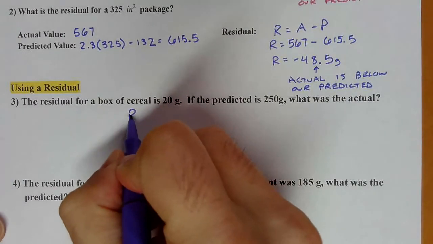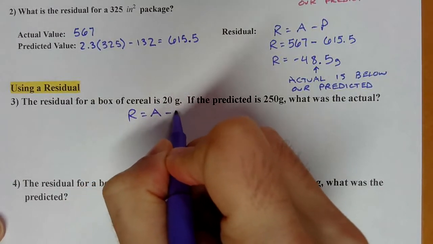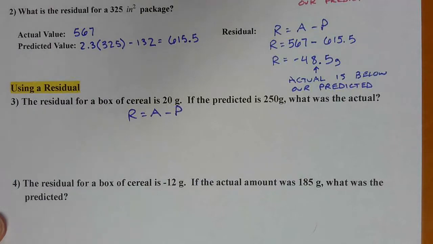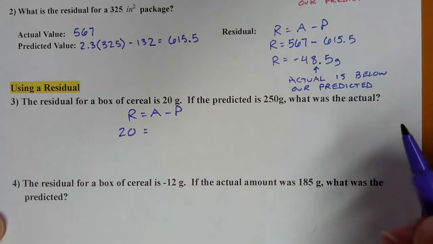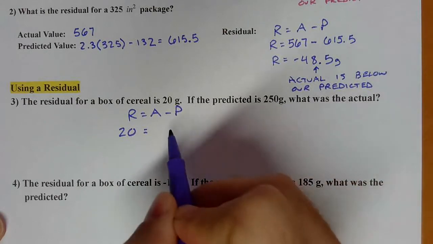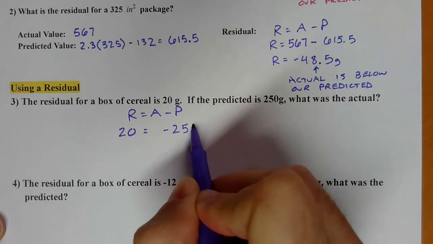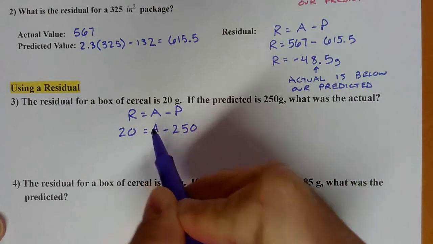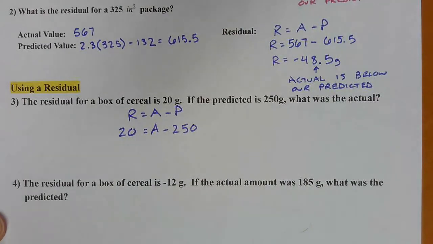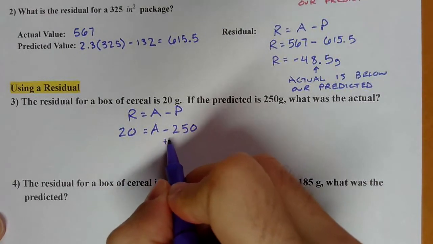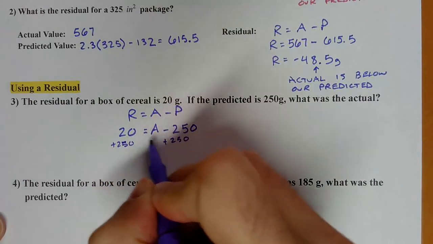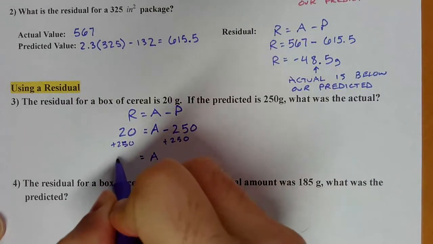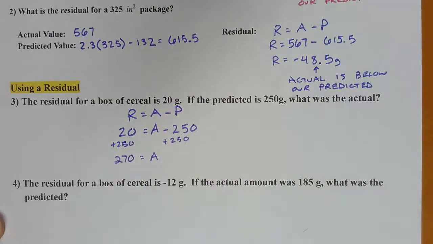So if the residual is the actual minus the predicted, the residual we said was 20, the predicted was 250, and the actual we did not know. If we solve this, we get our actual is 270.